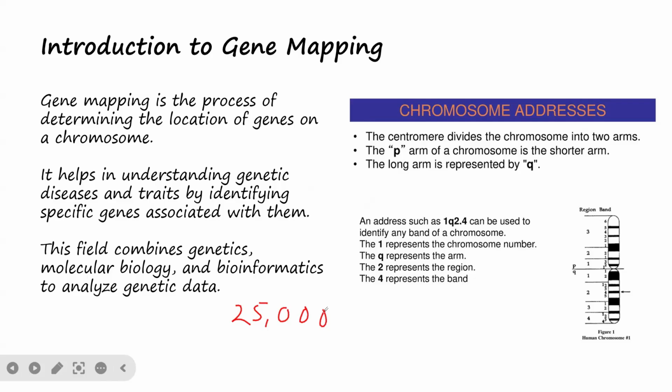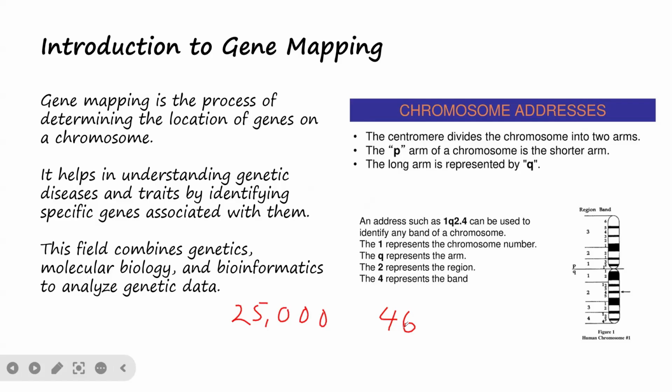We know that all these genes are located in the chromosomes of humans. In humans, we have 46 chromosomes, although the number of chromosomes varies across different species. Chimpanzees have 48, Drosophila melanogaster has 8, and donkeys and other organisms have their own specific number of chromosomes.